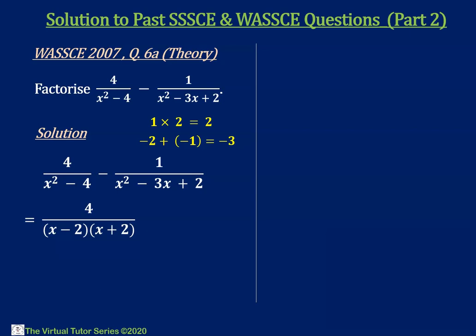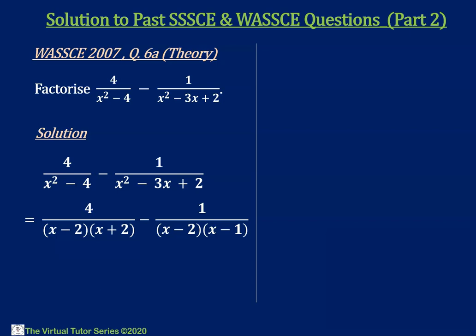Therefore, the factors of the expression are into bracket x minus 2 and into bracket x minus 1. We can now simplify the expression by finding the LCM of the denominators. We have x minus 2 to be common to both denominators.